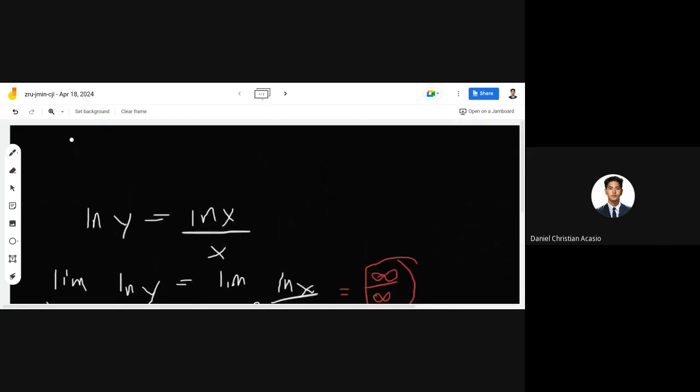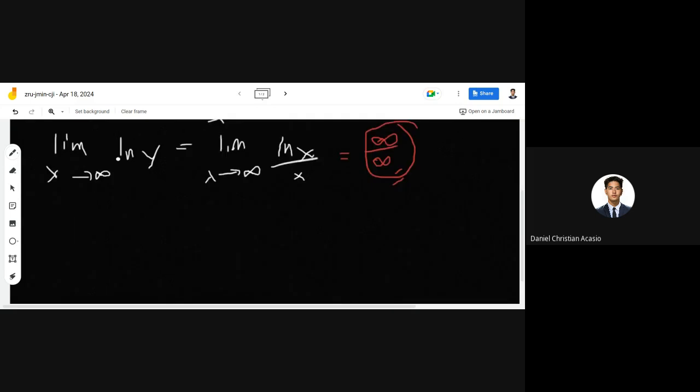So the limit as x approaches infinity of ln y is equal to the limit as x approaches infinity of ln x over x.